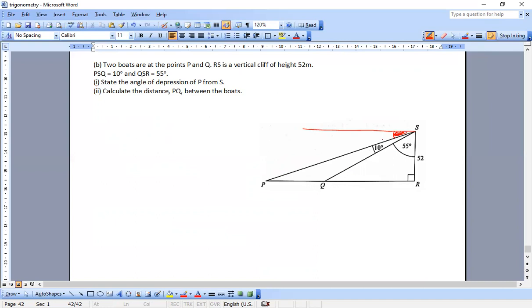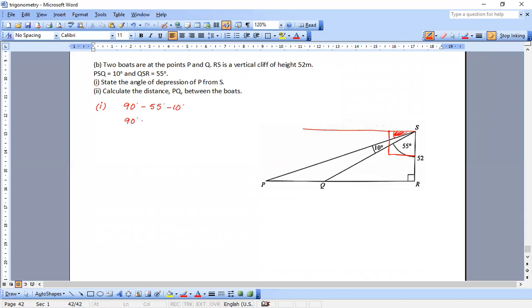Okay, this is not very difficult. We know that this whole angle is 90 degrees. So if I want to calculate the angle of depression, I only need to subtract 55 and 10 from 90. So that is going to be 90 minus 55 minus 10.